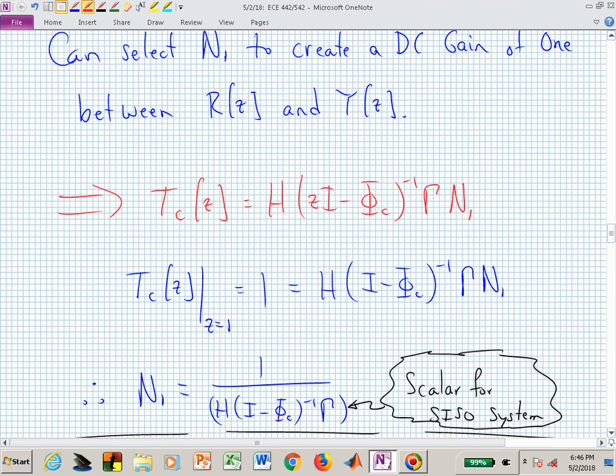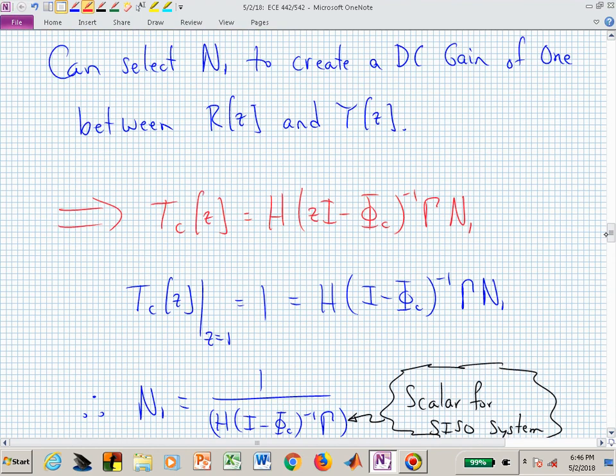Be able to find this reference input gain, down to C in terms of the state space matrix discussion. Open loop behavior, and tell us where to go. That's on the final. I will see you in a week, if not before, during office hours. Good luck on your finals.